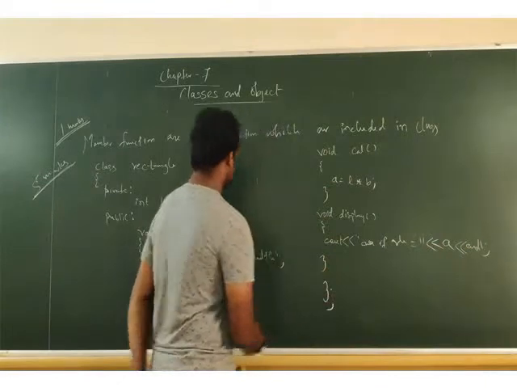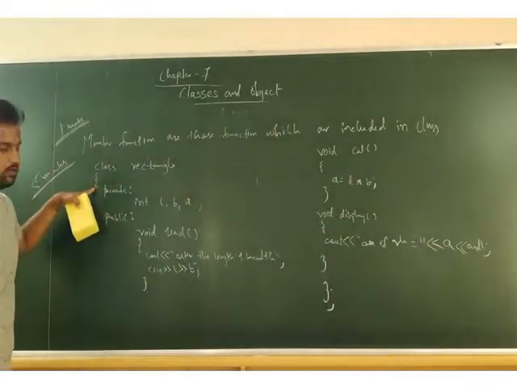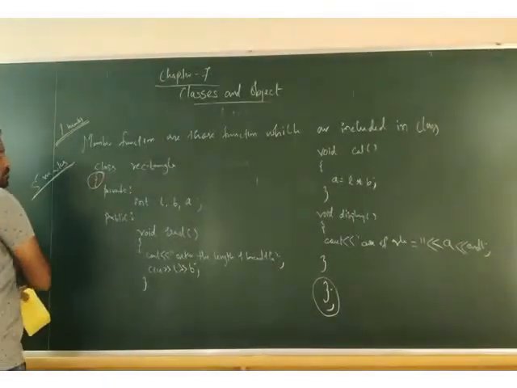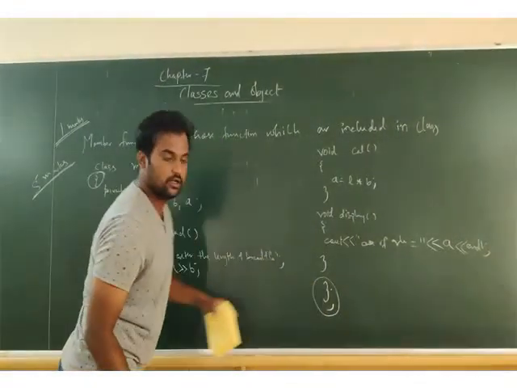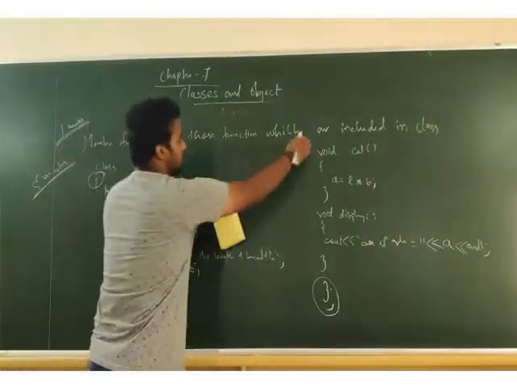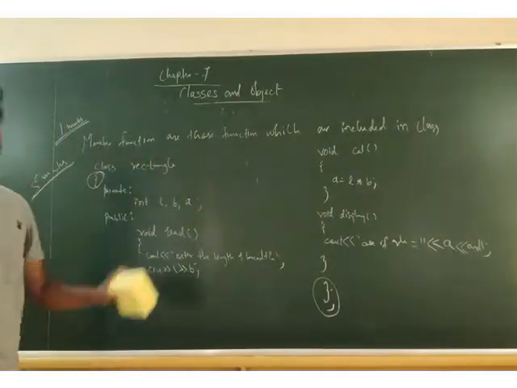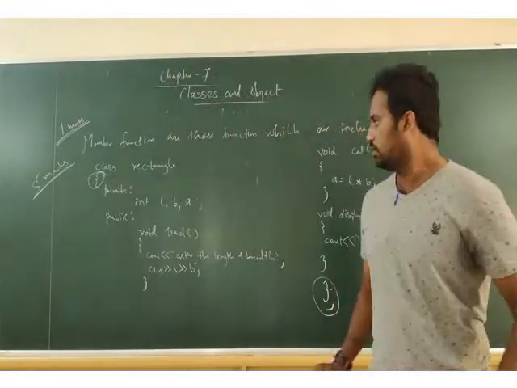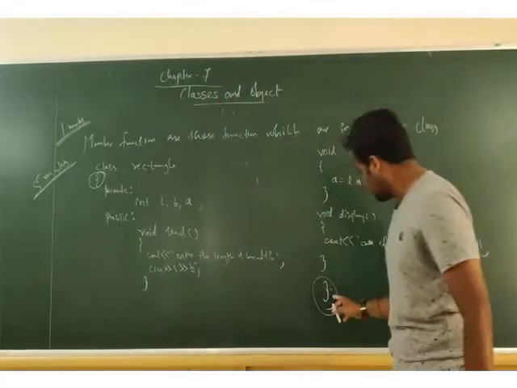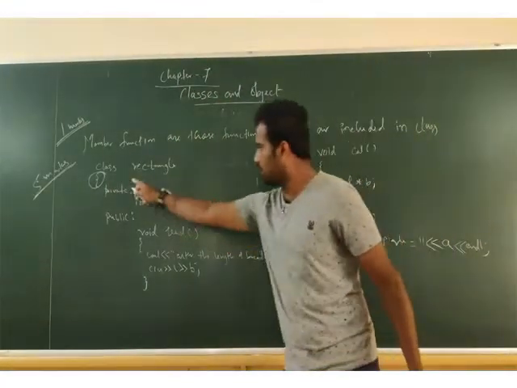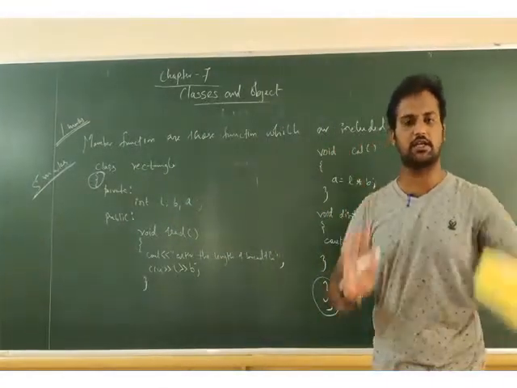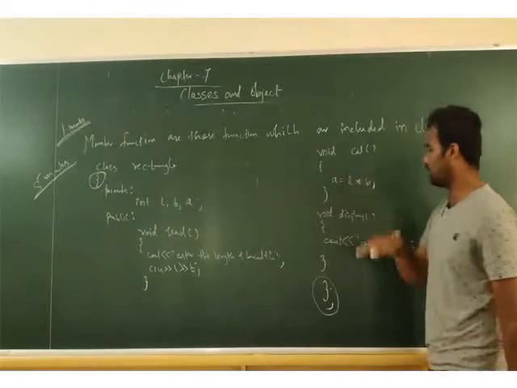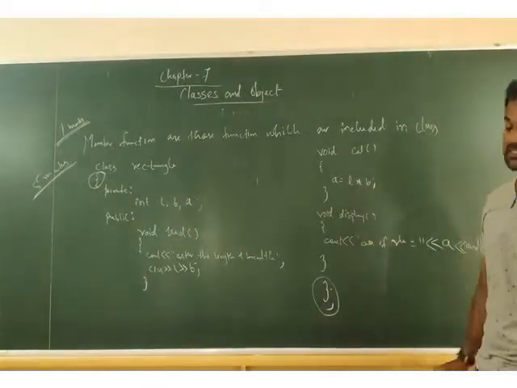Now close the class. See, class opened here, closed here. Whatever we are writing inside these two brackets is called inside the class. We wrote reading, we wrote calculation, we wrote display. This is inside the class.